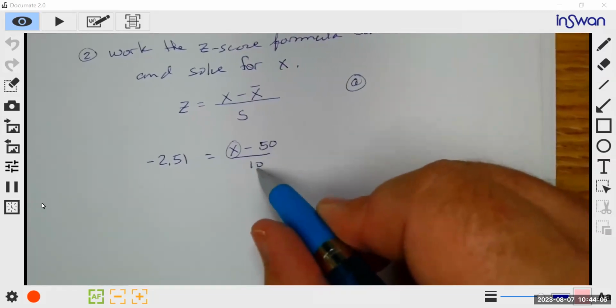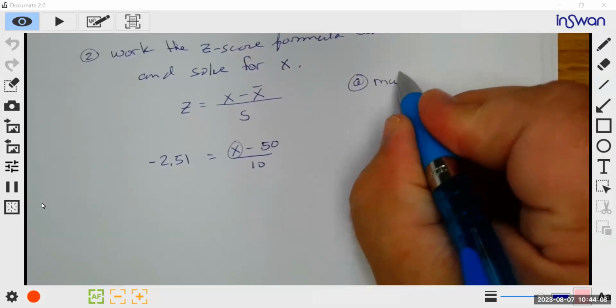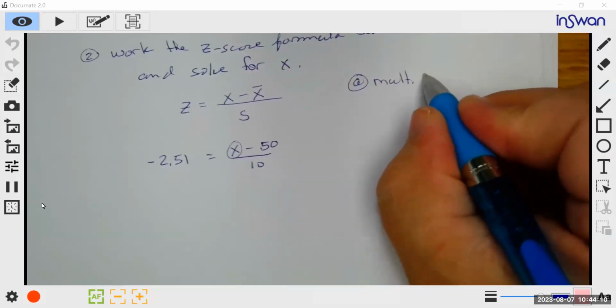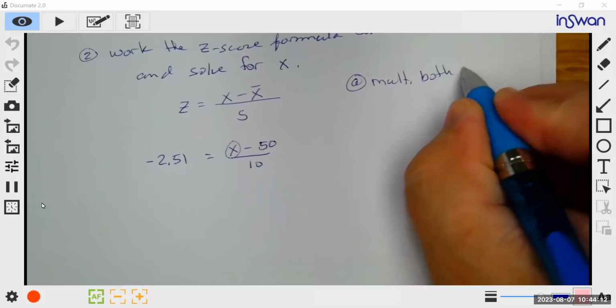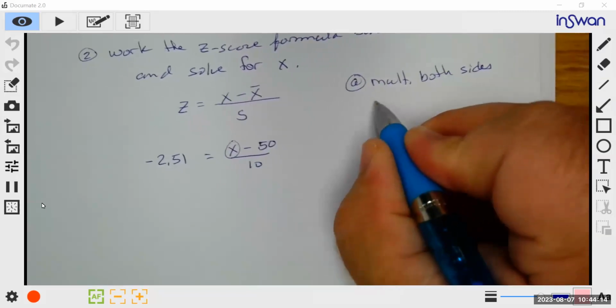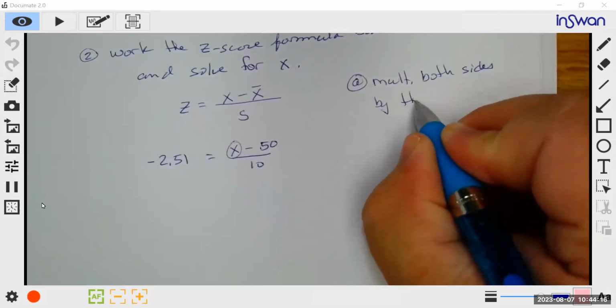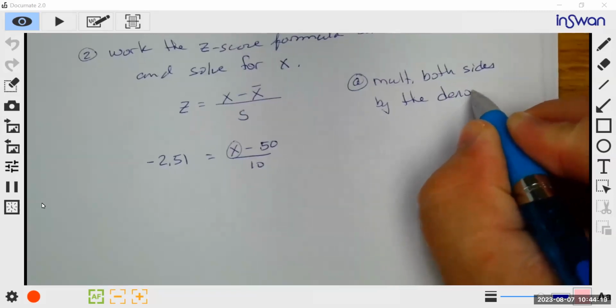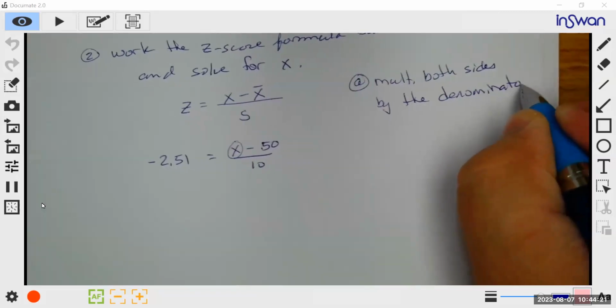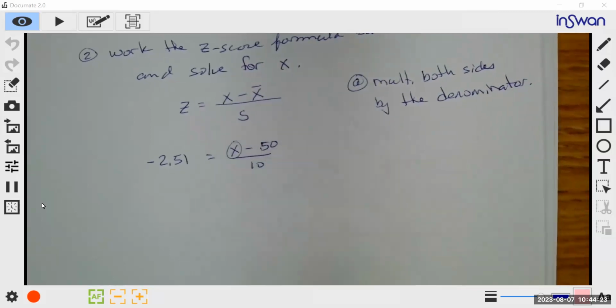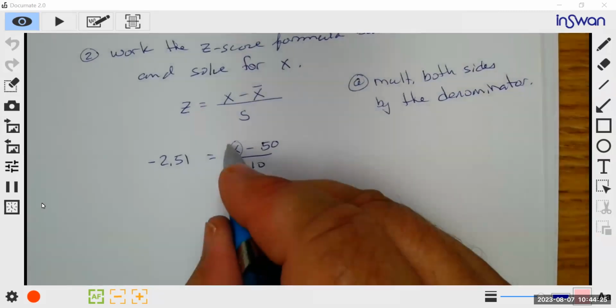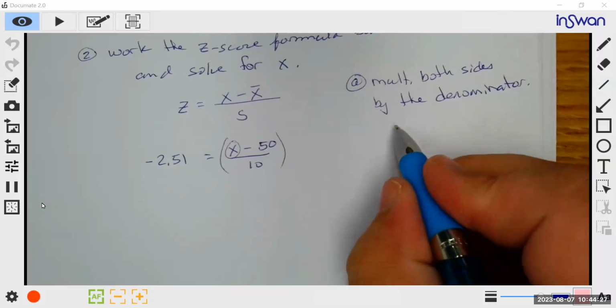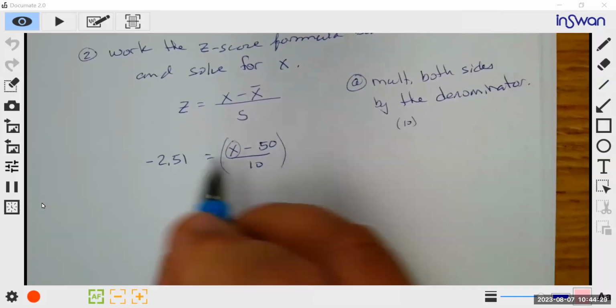Since it has a denominator, we have to get rid of it. Multiply both sides by the denominator. In this case, the number is 10.